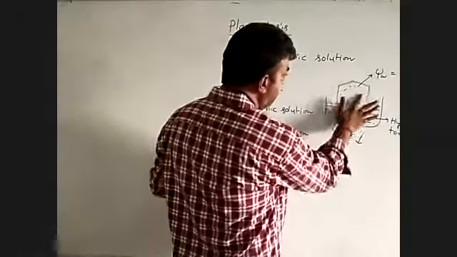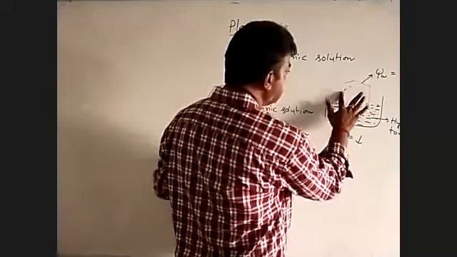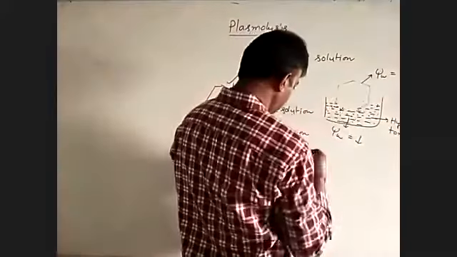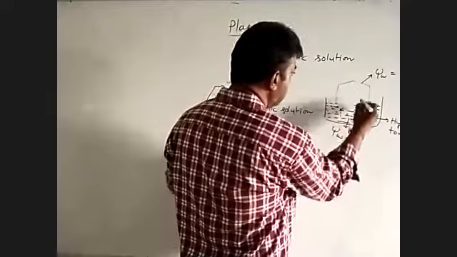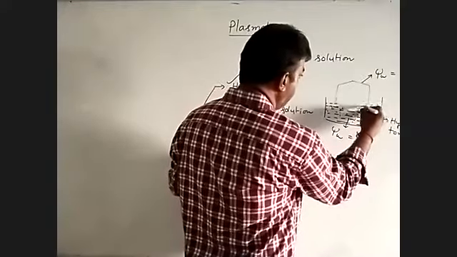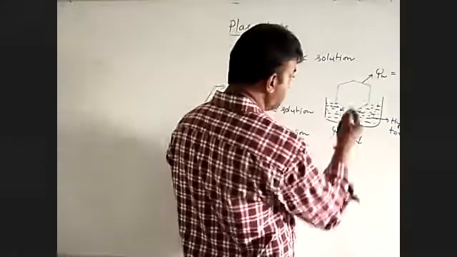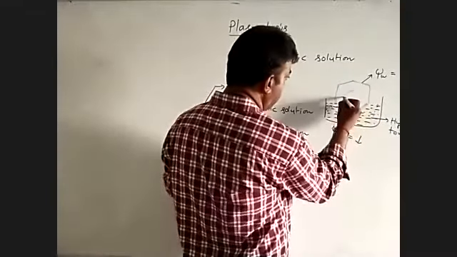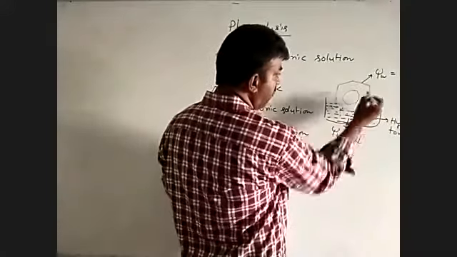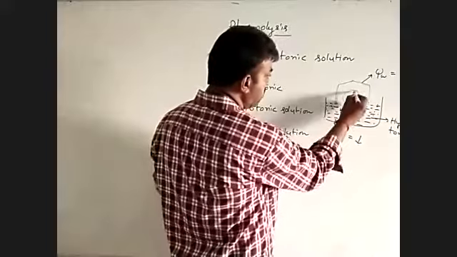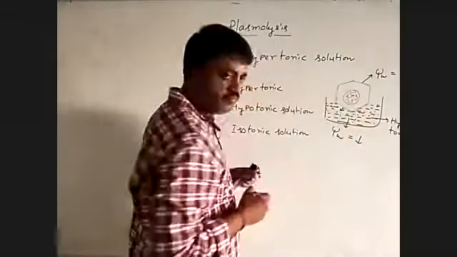So that is the reason entire protoplast along with the plasma membrane gets shrink, so contract, no change in the cell wall because it is a rigid and tough layer. Now entire protoplasmic content along with the plasma membrane gets shrink and moves away from the cell wall. So this is contracted protoplast or protoplasm.